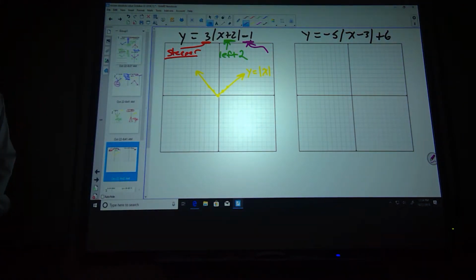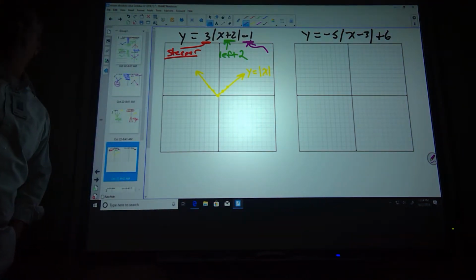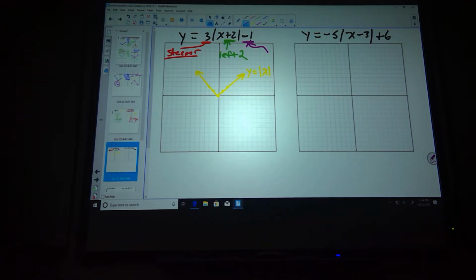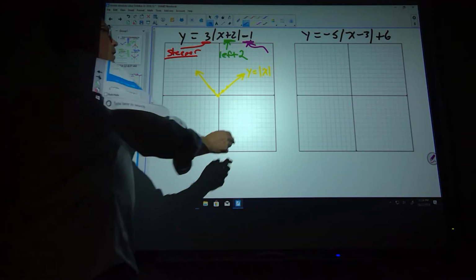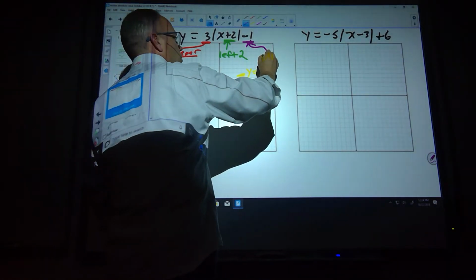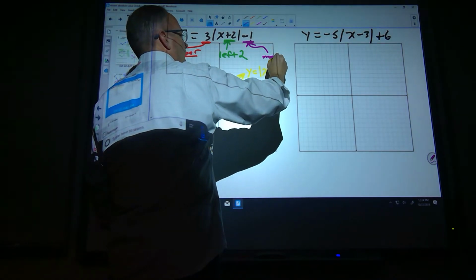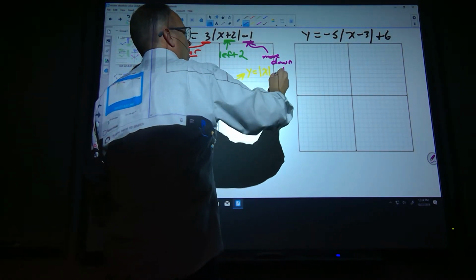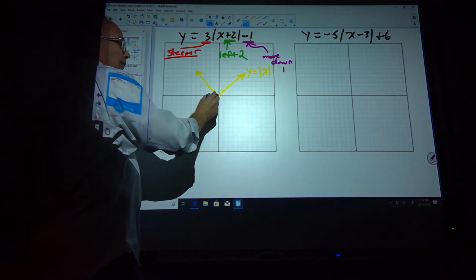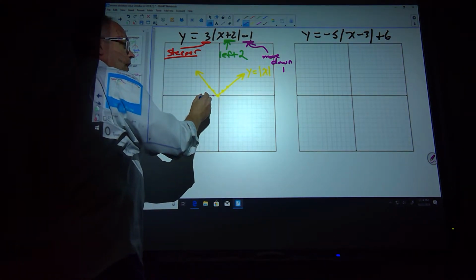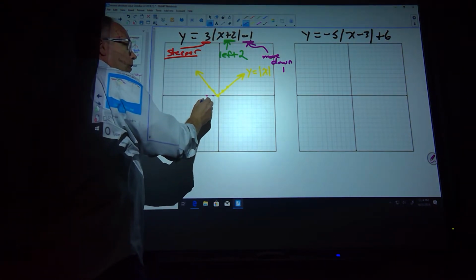Up, down, left, right, fat, skinny, flip it upside down. Down. Down 1. If it was a -3, I'd flip it upside down. So move down 1. All right, so let's go left 2, down 1, right here.